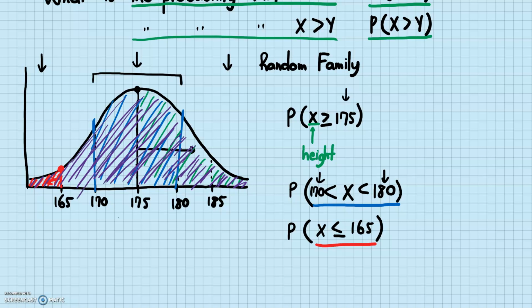So that has to equal exactly 1. If you get the area of the whole curve, that is going to equal 1. But if you want to find the probability given these restrictions over here, then you'll have to find the areas between these restrictions.